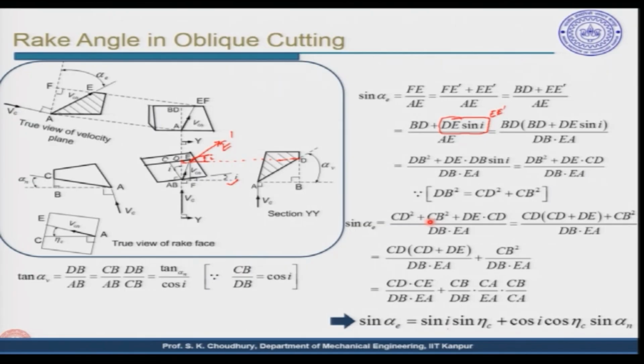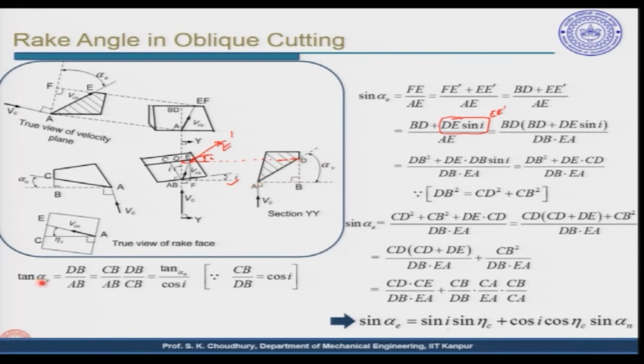Now, the velocity rake angle is measured in a plane parallel to the cutting velocity vector and normal to the work surface. In this plane this is the rake angle, because this is the rake face.